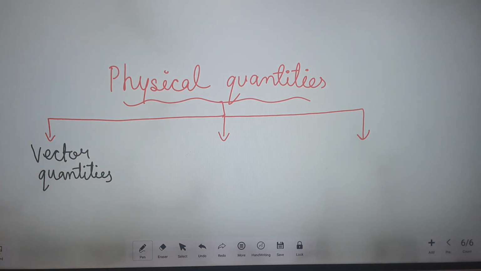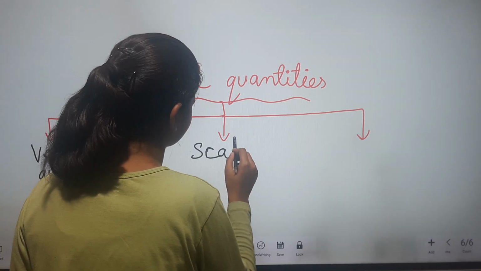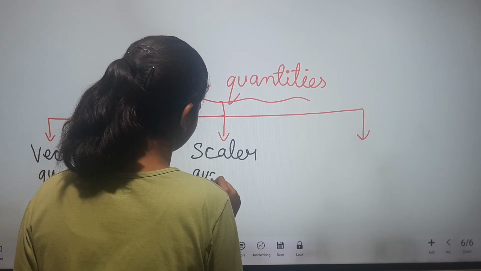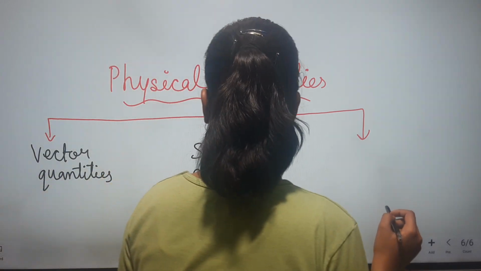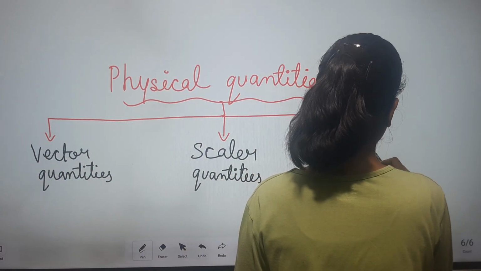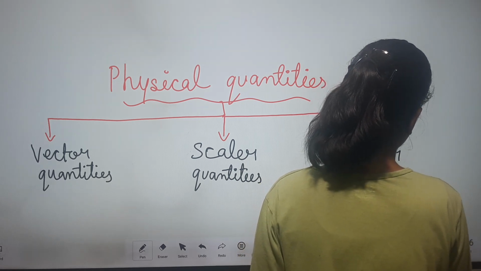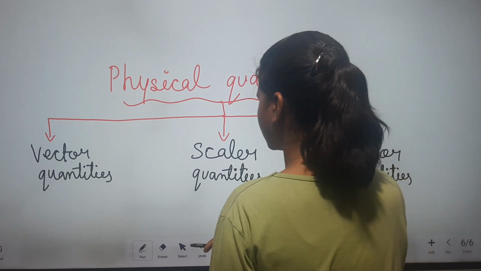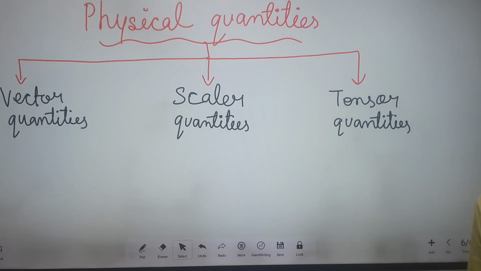The second is scalar quantities, and the last one is tensor quantities. So physical quantities are classified into three parts: first, vector quantities; second, scalar quantities; and third, tensor quantities.